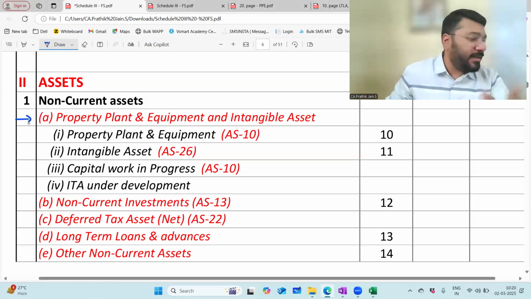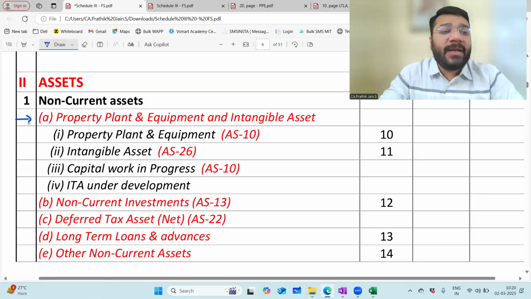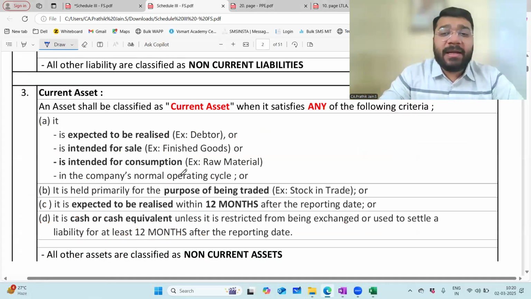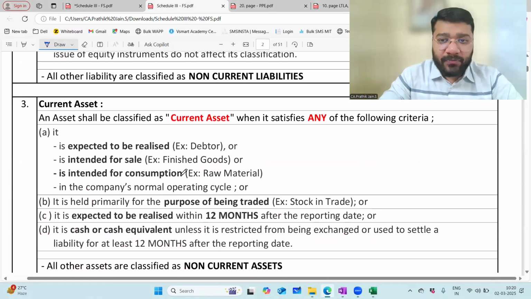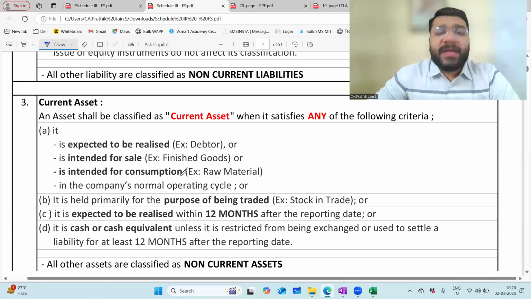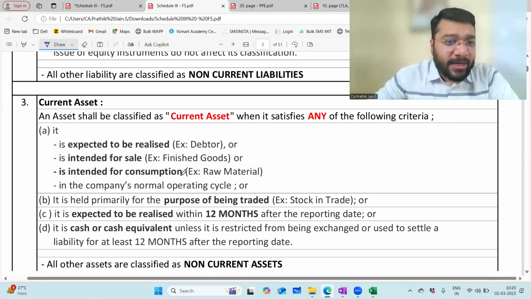and intangible asset. But before we discuss what is non-current asset, we have to first understand the difference between current asset and non-current asset. For that, we'll come back again to the theory part. The definition, the meaning of the current asset has been given by Schedule 3. So let's have a quick understanding.